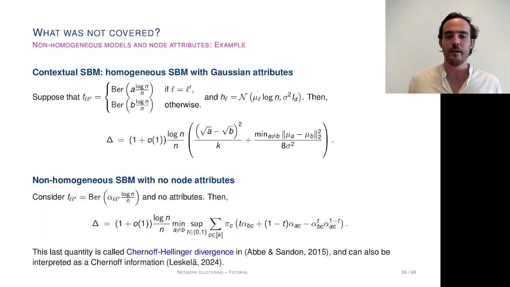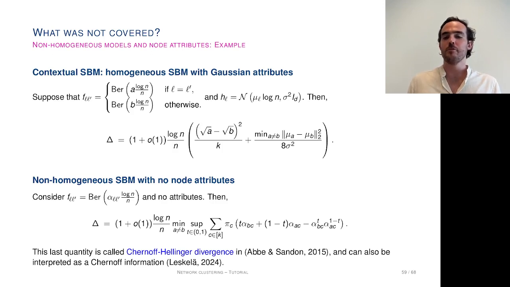The quantity delta that we defined in the previous slide can then be written as log n over n, which is a scaling factor, times two terms. The nice thing is that the first term, the square root of A minus square root of B squared divided by K, is exactly the term that you would get if you don't have the attributes. If you throw away the attributes, this is the information-theoretic quantity you get.